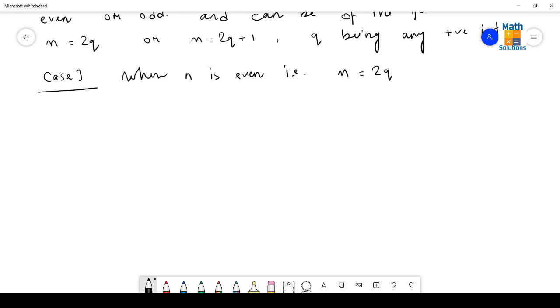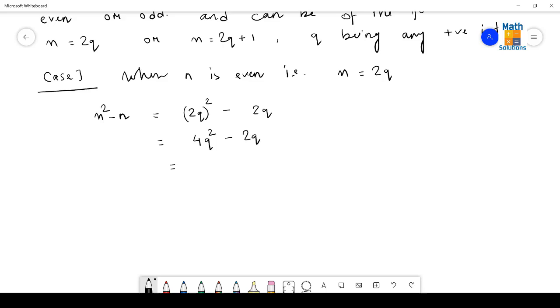So here I get n square minus n is equal to, in place of n we can put the value 2q, it is getting squared, minus in place of n, 2q. When this is simplified, I get 4q square minus 2q.